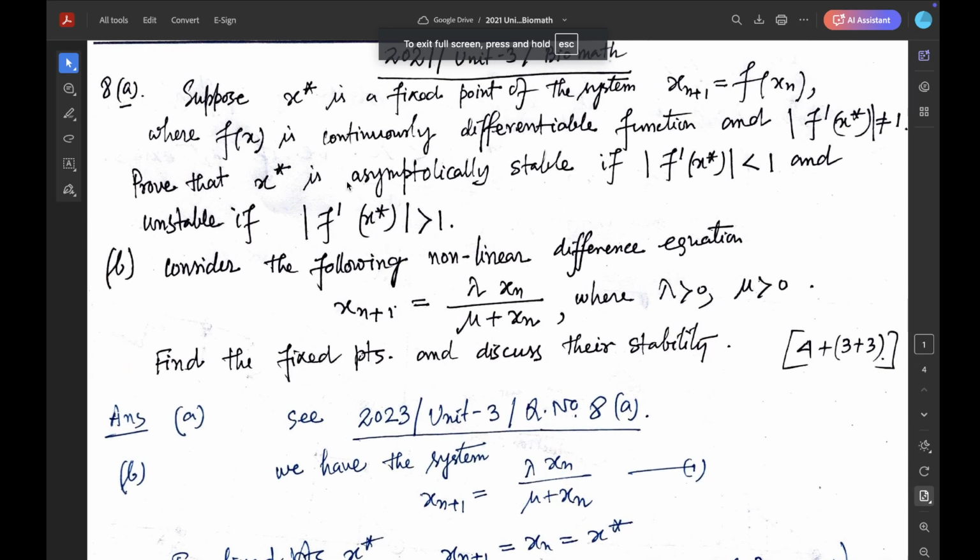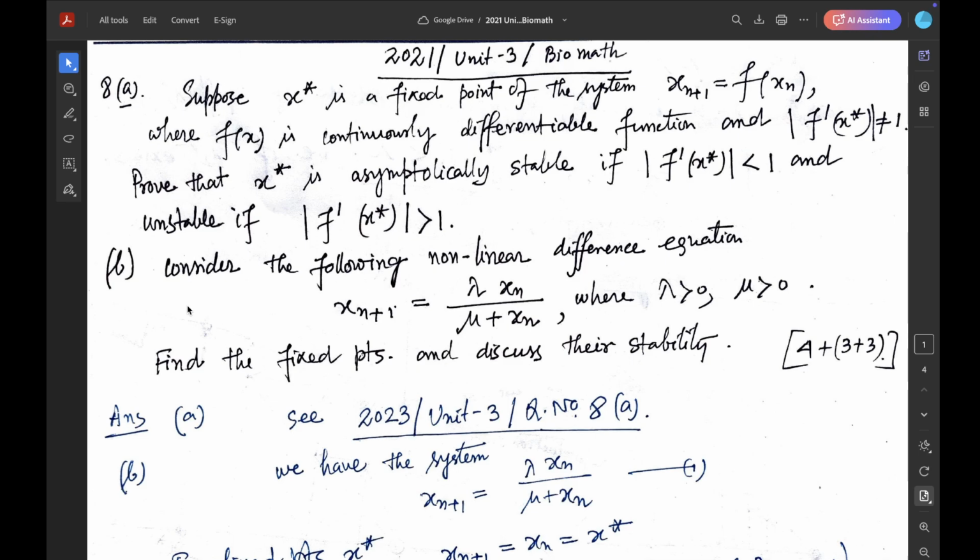This answer is already given in 2023 Unit 3 question 8a, so this is repeated. Please see that question paper answer of 2023.